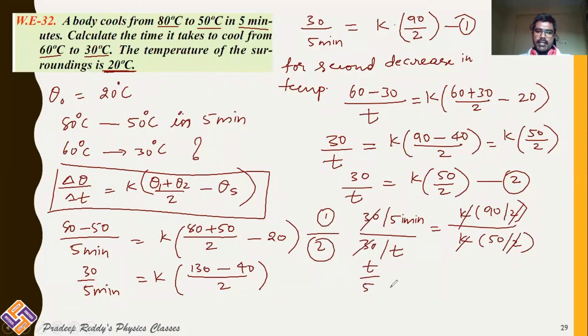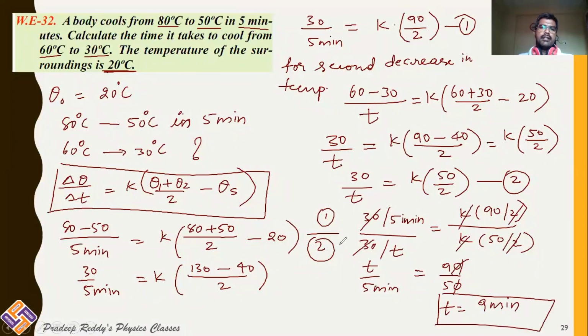T by 5 minutes is equal to 90 divided by 50. The 0 gets cancelled. This gives you T is equal to 9 minutes, since 5 and 5 get cancelled. So in order to decrease the temperature from 60 degrees to 30 degrees, it takes 9 minutes.